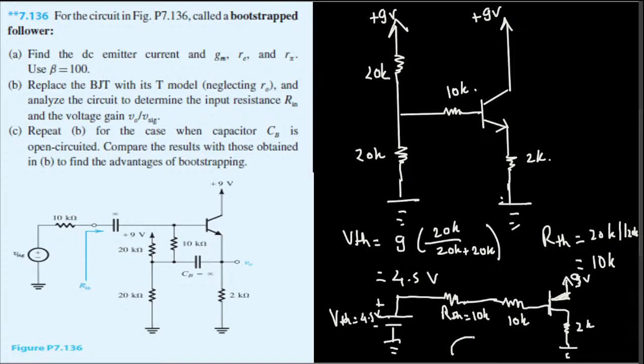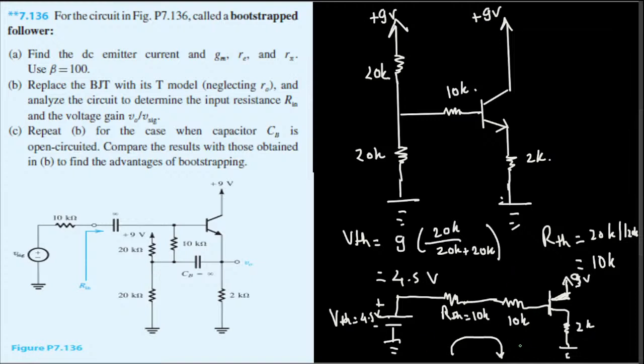Now we consider this one as a loop, and we can solve for what we need to know. Here they are asking us to find gm, rE, r-pi, all these things. In order to calculate gm, gm is given by IC divided by VT. Here this is the base.